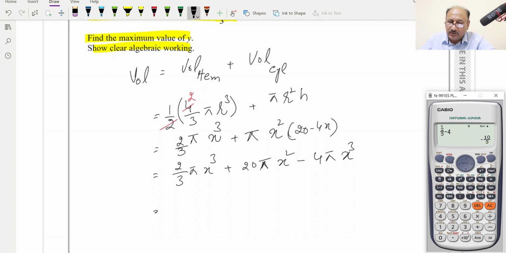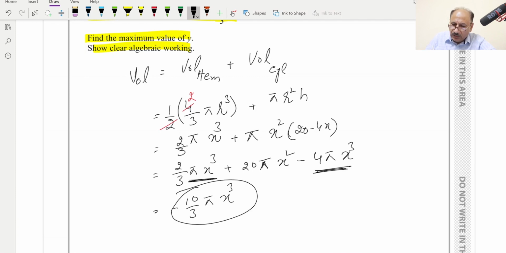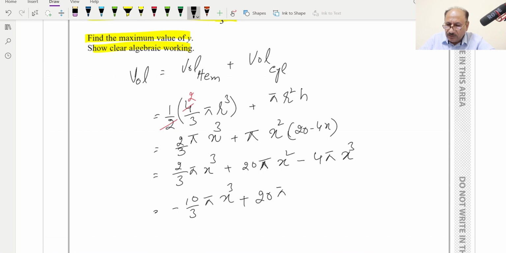Minus 10 over 3. So we can write minus 10 over 3 pi x cube. So what we have done, we have simplified this term and this term. X cubes we have combined and we got this, and the remaining will be this term which I will copy over here, plus 20 pi x squared.